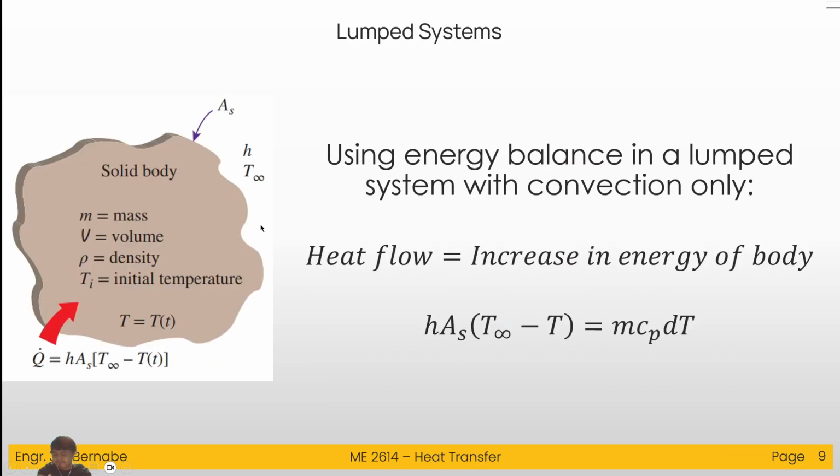Now, if we use an energy balance for a lump system, a lump mass, a lump body, with a very simple scenario wherein you have a surrounding fluid, and the body experiences convection, not conduction. So as you can see, if we do this heat balance, the body can absorb heat from its surroundings or also expel it.